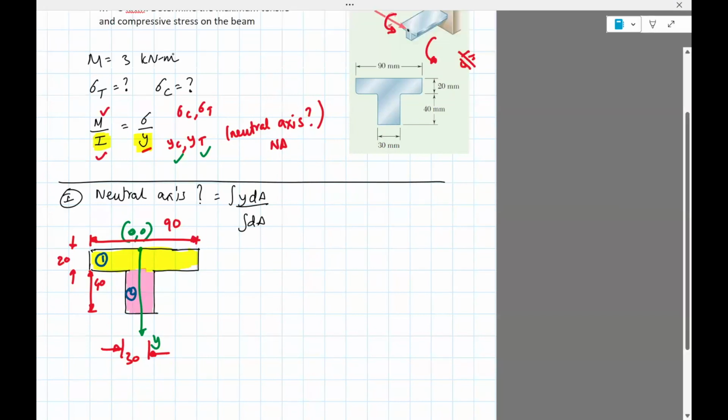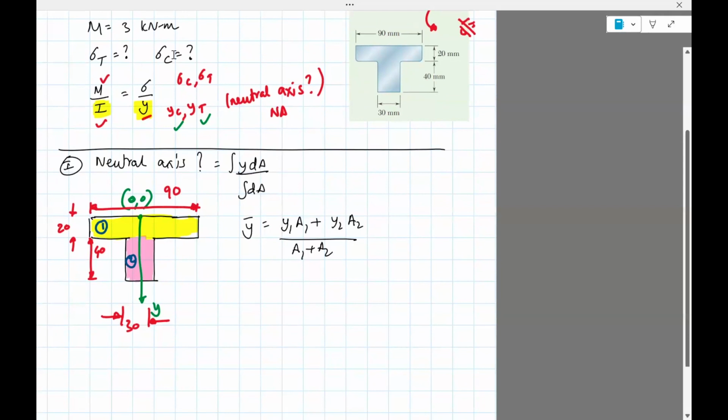And now my y bar is y1 a1 plus y2 a2 divided by a1 plus a2. Okay, when I compute y1, it's basically the centroid of the first geometry from the axis shown, 0, 0.